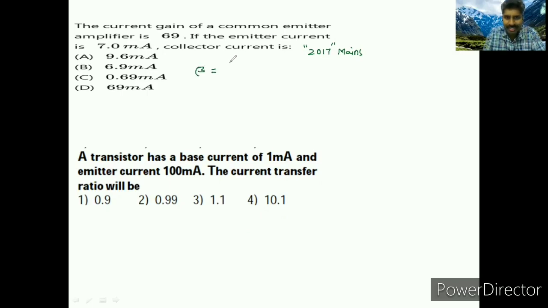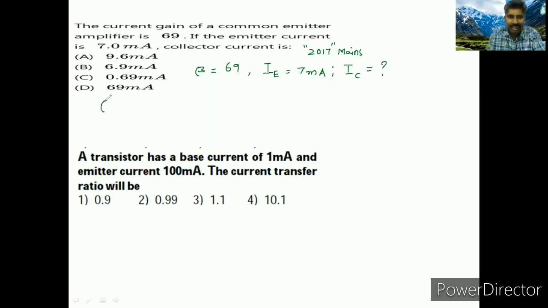Beta is equal to 69. If the emitter current IE is equal to 7 milliamps, then what is the collector current IC?